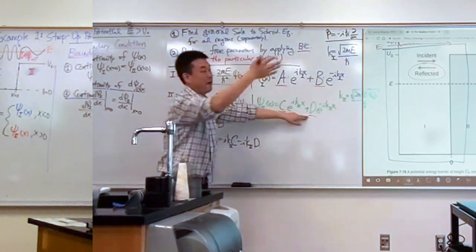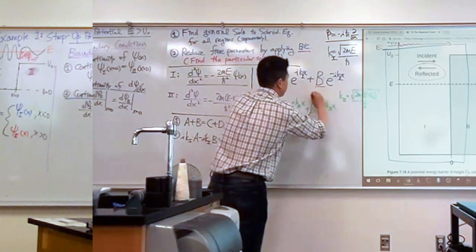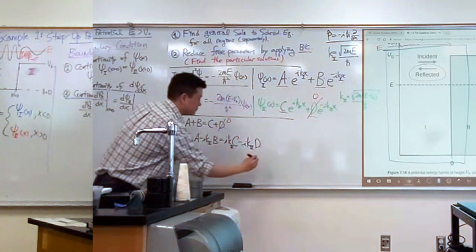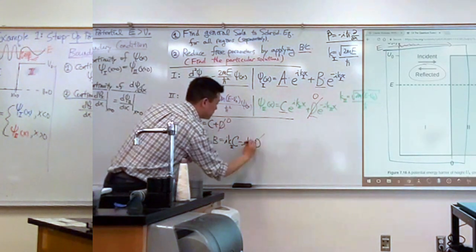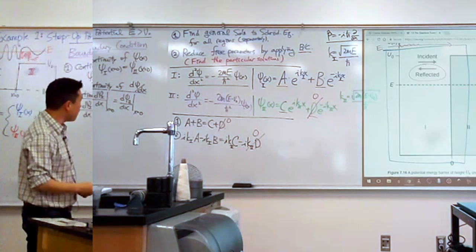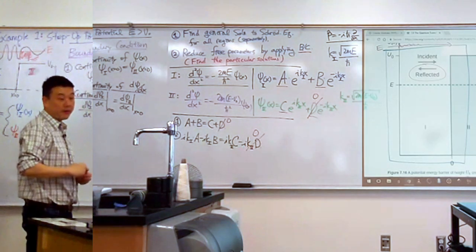There's nothing coming from the right to the left. So I can get rid of D here. All right. I still need one more way to reduce the number of free parameters.